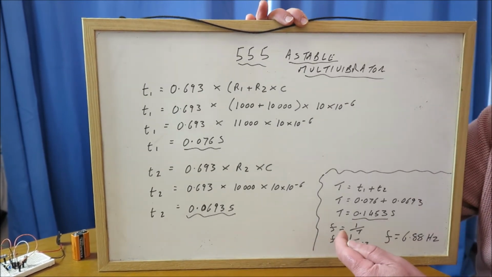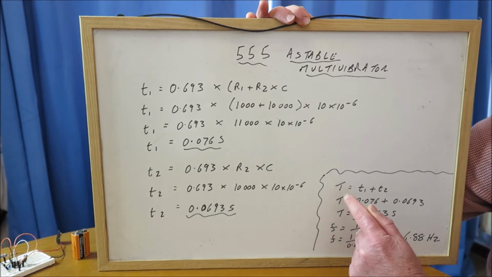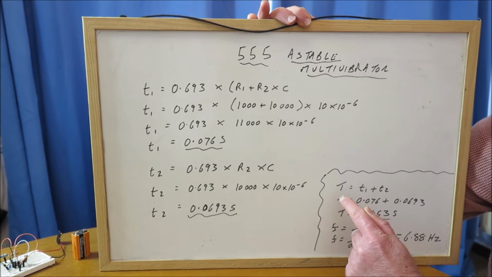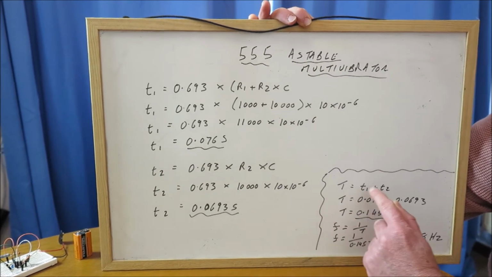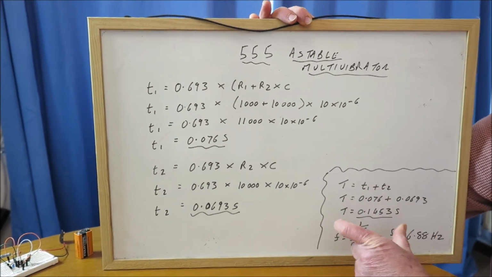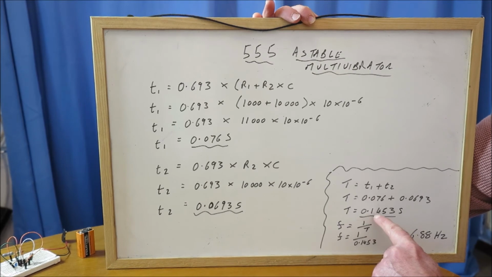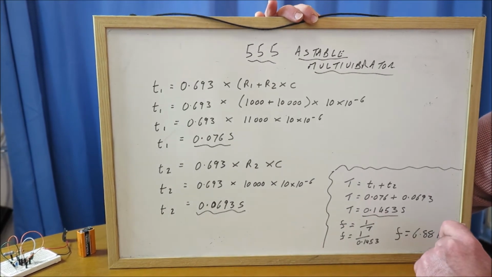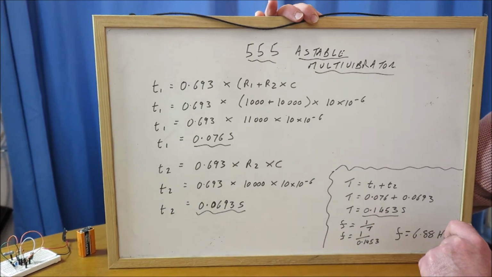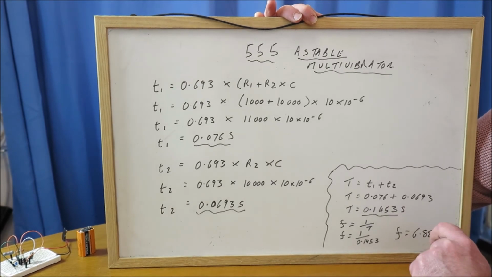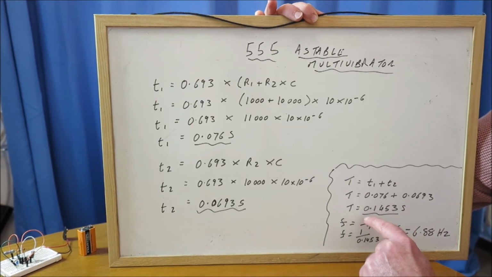Now we can work out the time period, as we said, which is T1 plus T2. If we add those values together, it gives us 0.1453. Then using the frequency equation that we've looked at before, frequency is 1 over the time period.